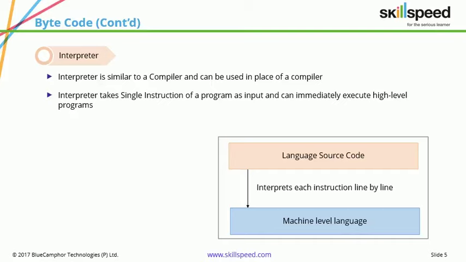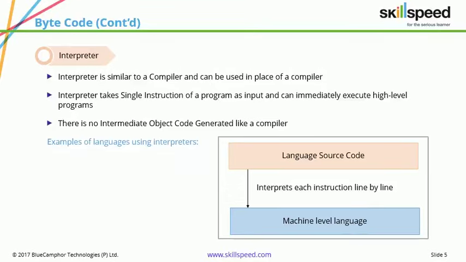Which means in an interpreter there is no intermediate object code, or no specific object code which the programming language converts into machine understandable language directly like a compiler. Instead, every time, the higher level language, Java or C# or any language that we have, is converted into a lower level program.